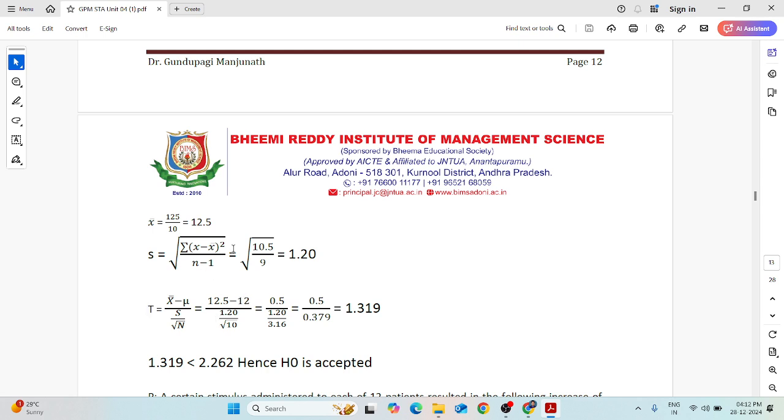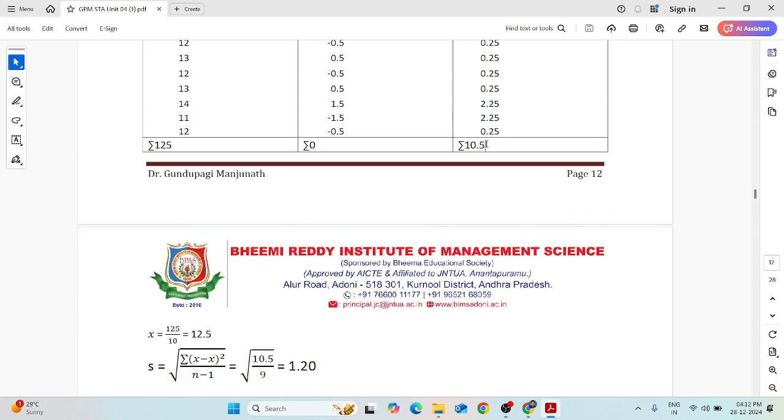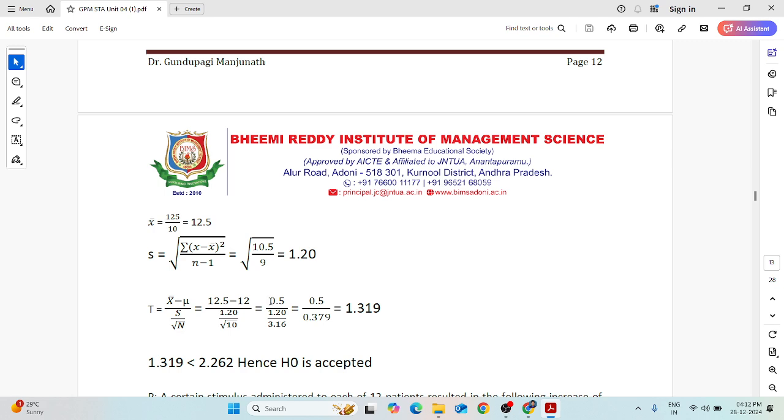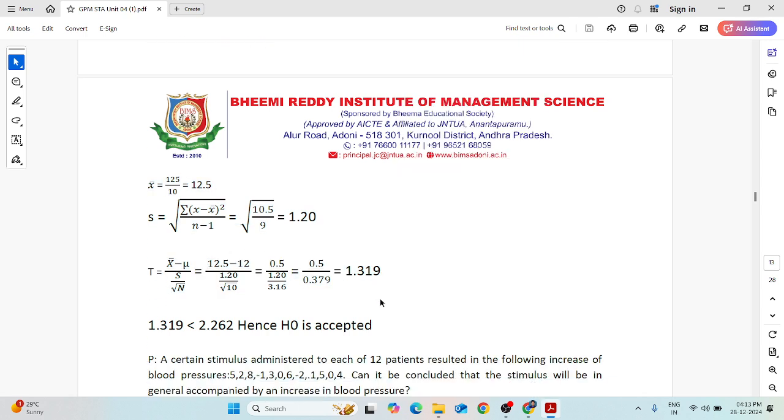So S value, 10.5 is the summation value here, divided by 10 minus 1. The number of observations is 10, 10 minus 1 is 9. So the root of that is 1.20. Simplifying by substituting all the values, we get 1.319, which is less than 2.262. Hence H0 is accepted.